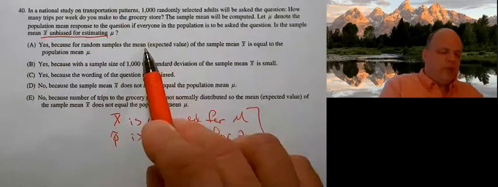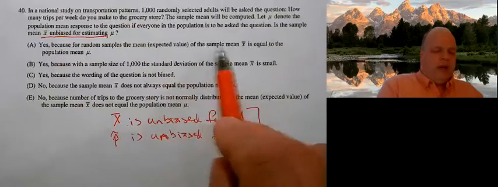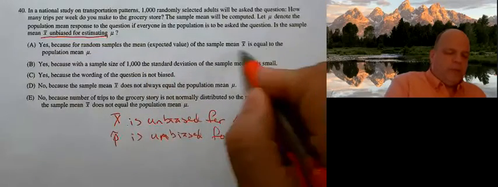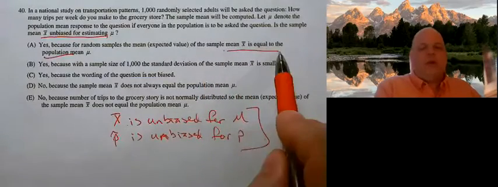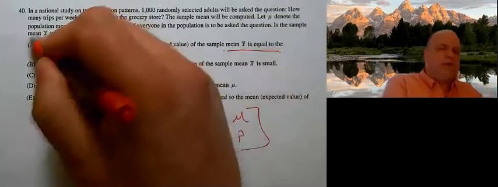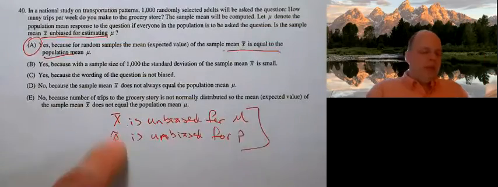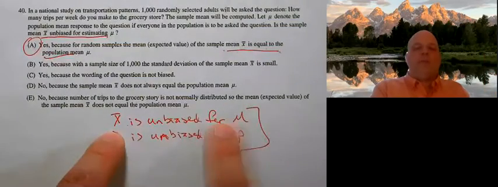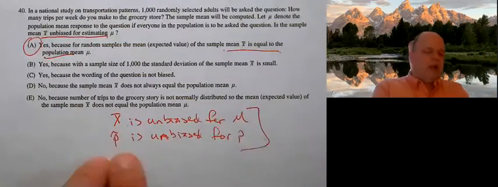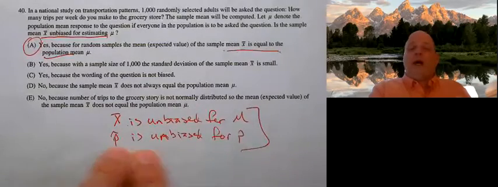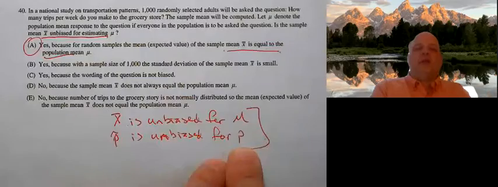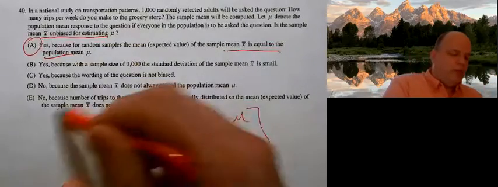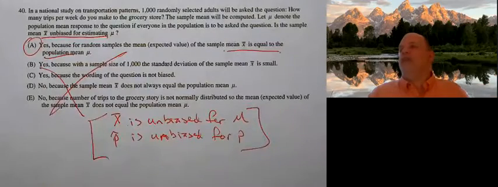It's because the sample mean is equal to the population mean, and the sample proportion is equal to the population proportion. So 40 is A, because the sample mean is equal to the population mean, therefore it's unbiased. The sample proportion is unbiased for the population proportion because it equals the population proportion. Everything else is our distraction. These two are our only unbiased estimators.